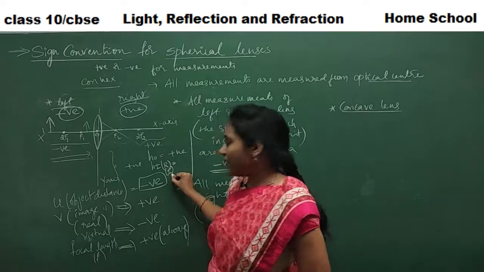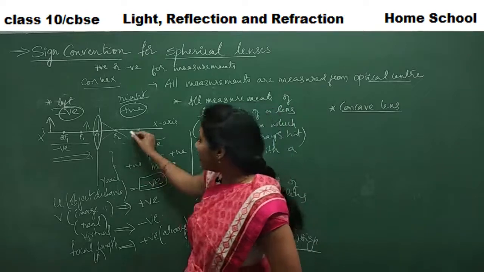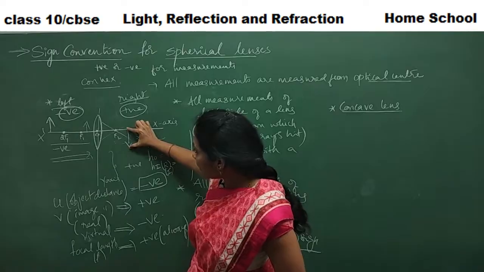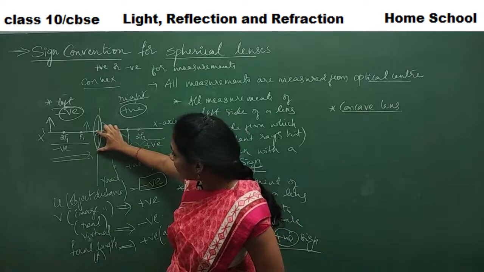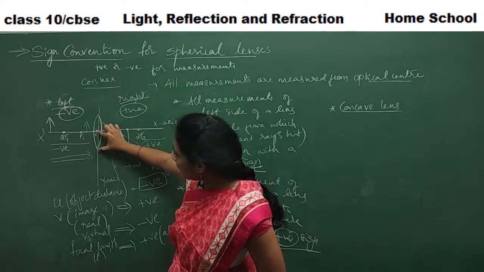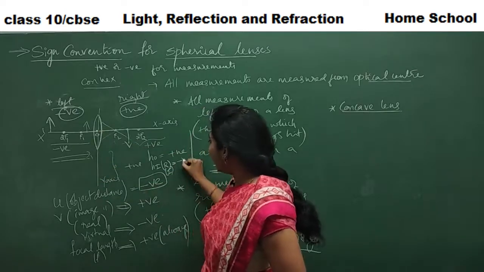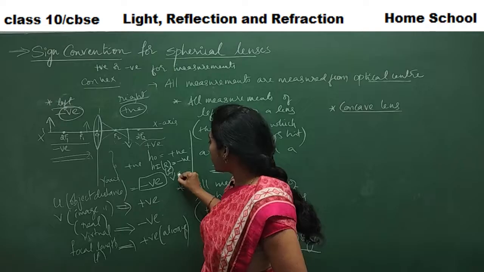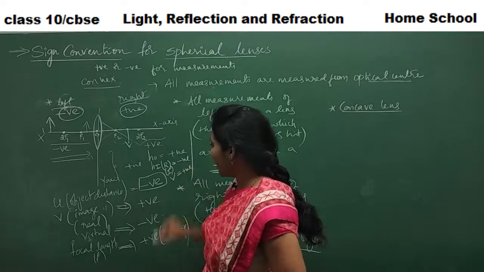A real image is always inverted. Inverted in the sense, this is how it forms. If I measure this, I'll take it here. Which axis is it? It is the negative y-axis, so you will have a negative value. But if it is a virtual image, you will have a positive value.